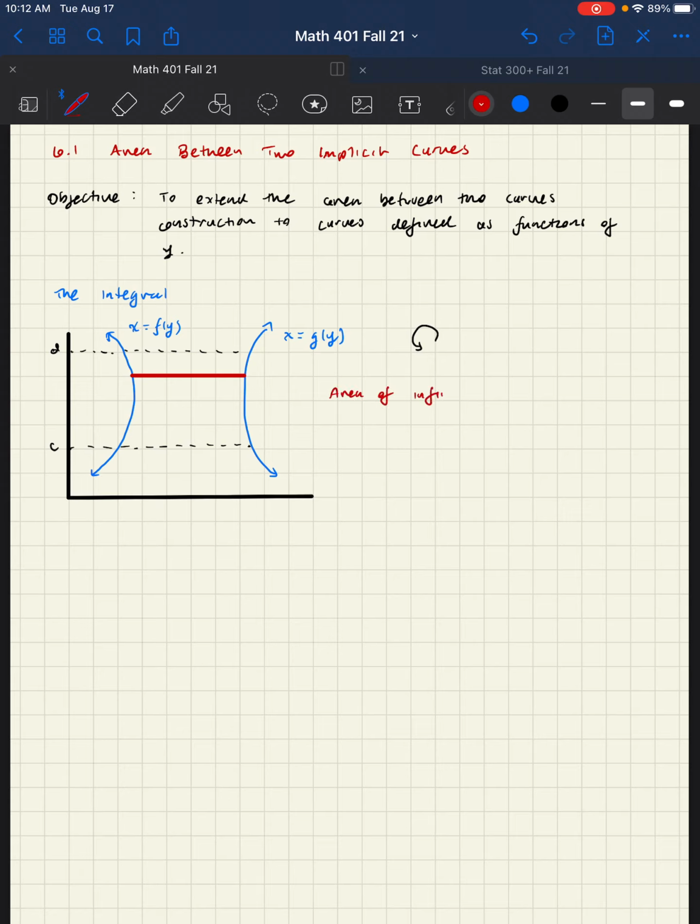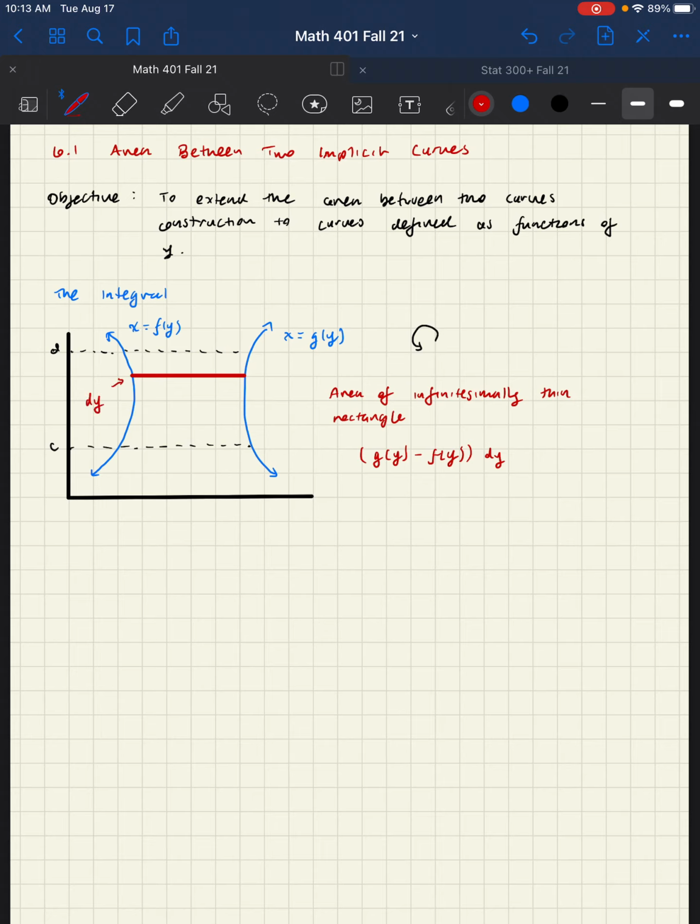So the area of the infinitesimally thin rectangle is going to look something like, we want this width to be positive always. So we're going to do g of y minus f of y times dy.